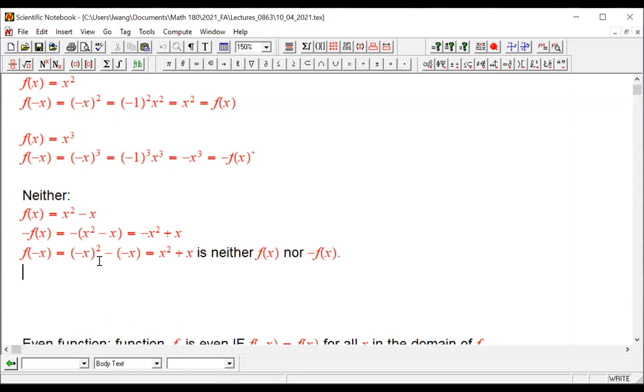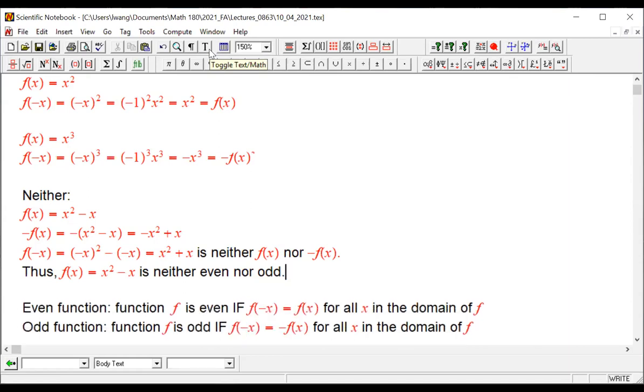Therefore, we say this function f of x equals x squared minus x is neither even nor odd. So in general, we have these three categories of functions: even, odd, or neither.